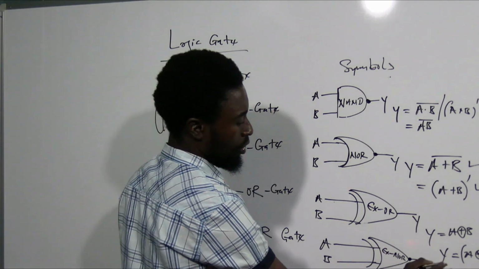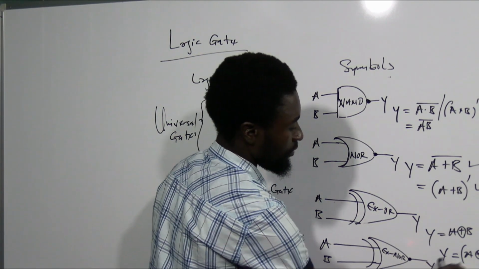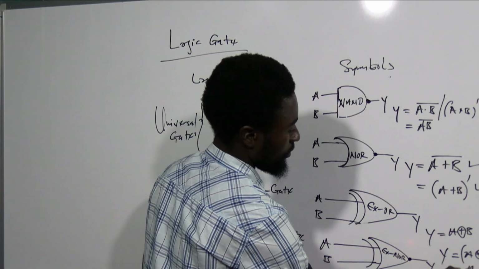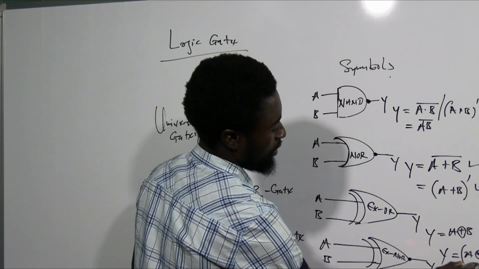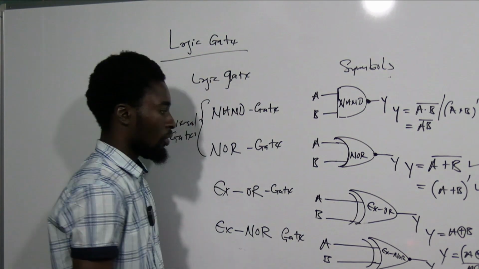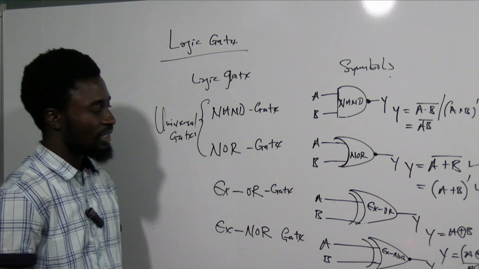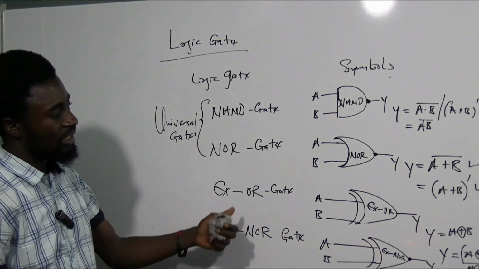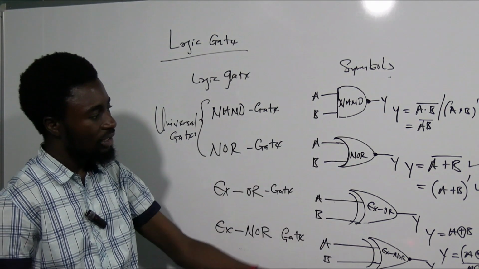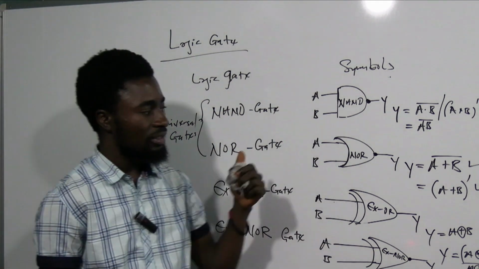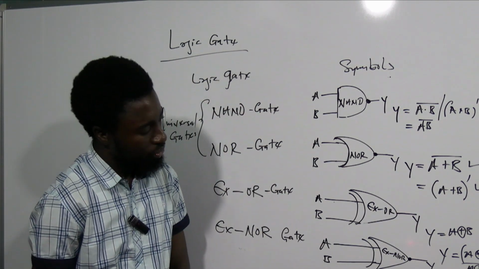So more or less, these are the various gates, and this is how you can draw the gates, and these are the various expressions or operations you perform.